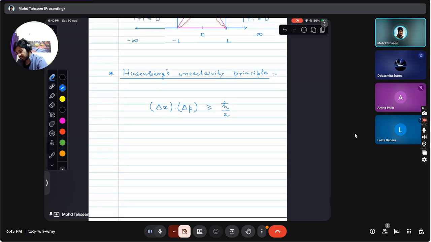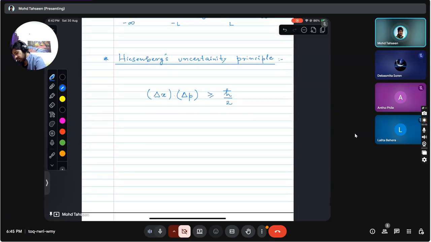So yeah, this is correct, what Lalita said, that this is the uncertainty in position. Okay, you all know this already. I'll just clarify one point. This is uncertainty in position, and this is uncertainty in momentum.